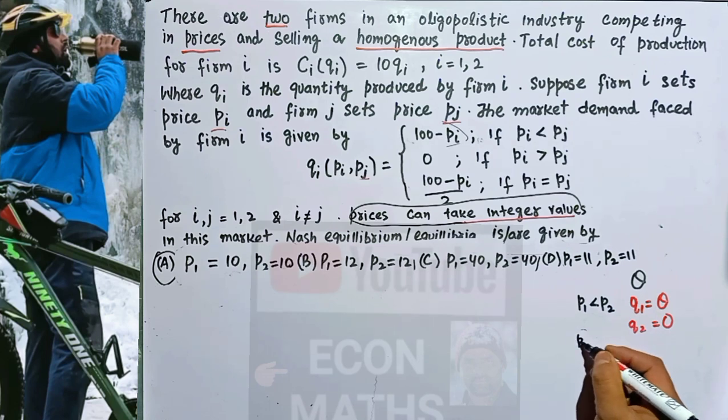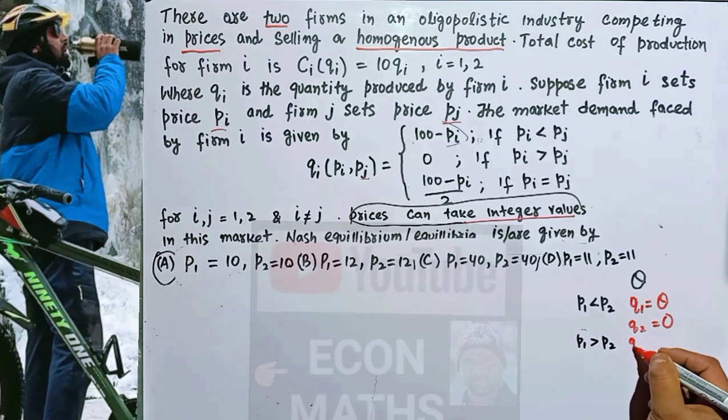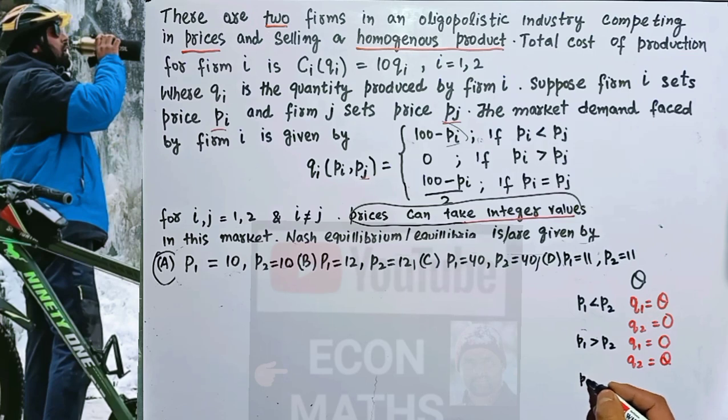If firm 1 sets a price greater than P2, in this case firm 1 will sell nothing. That means it will get 0 share of the market, and firm 2 will get all the market. Let us denote it by capital Q. And if the price set by firm 1 is exactly equal to the price set by firm 2, in this case what happens?